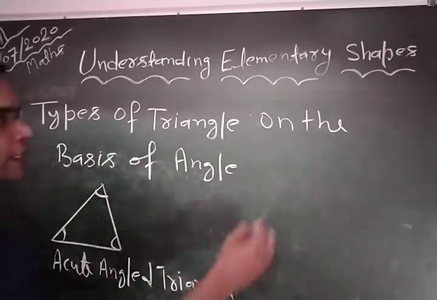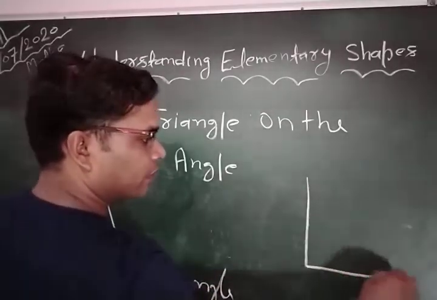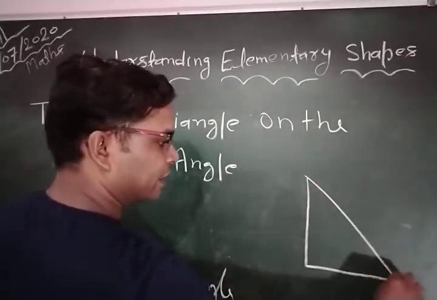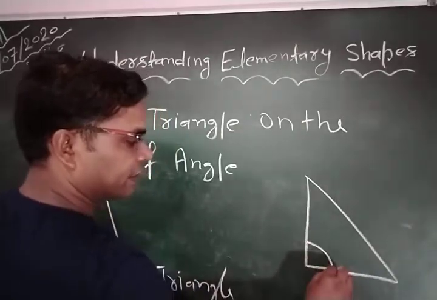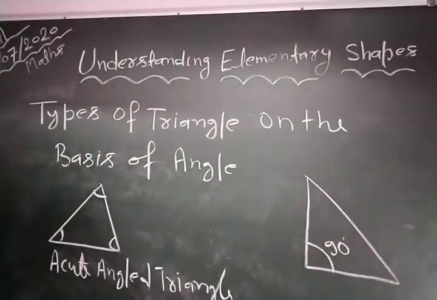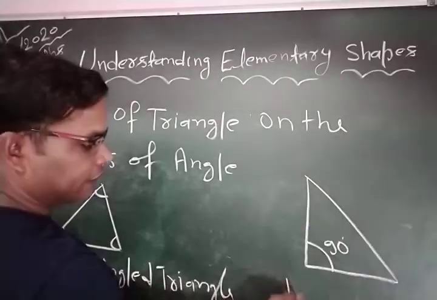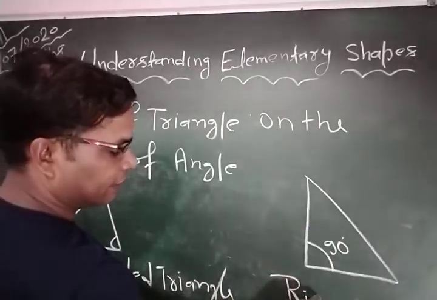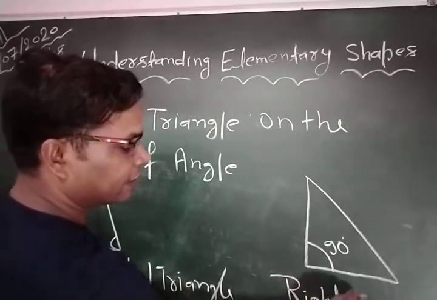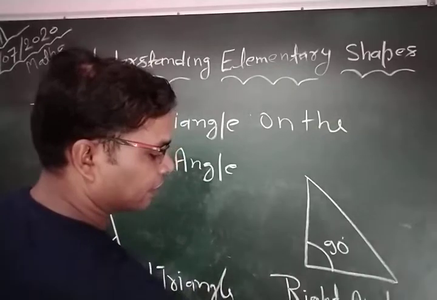Okay, right angle triangle. In a triangle, if one angle is 90 degrees, a right angle, like this, then it is called a right angle triangle.